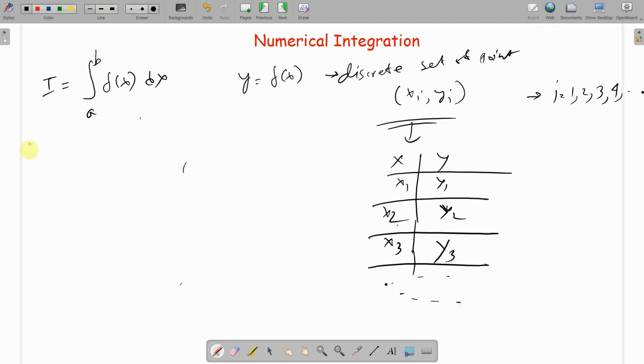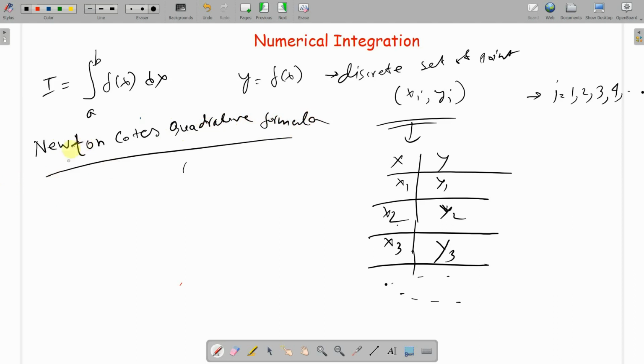So there is a formula which is basically derived from the Newton's forward interpolation formula we used in the differentiation method. So remember that formula. The formula required here is the Newton-Cotes quadrature formula.